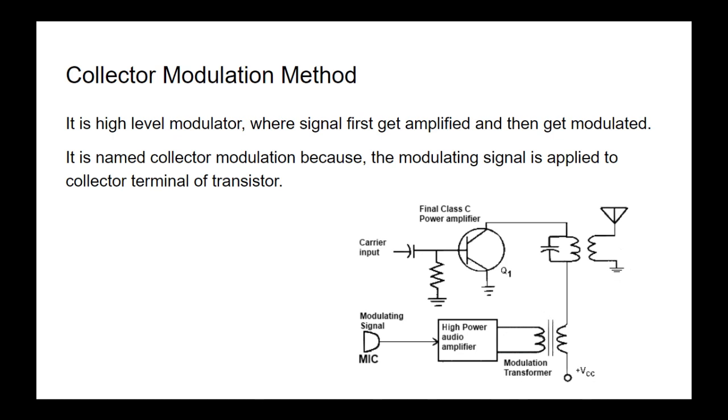Its name is collector modulation because the modulating signal is indirectly applied to the collector terminal of the transistor. The modulating signal is trying to vary the voltage of the collector terminal in accordance with it. So in the output we get the multiplication of the carrier and modulating signal.